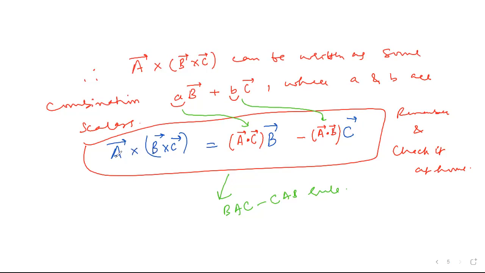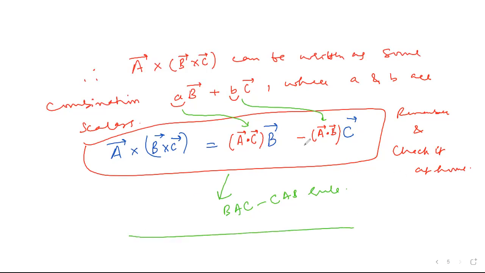Now see it in general terms. The value of this triple vector product is a linear combination of the two vectors which lie in the bracket, B and C, right? And the coefficient of each vector is the dot product of the other two. See, the coefficient of B is the dot product of the other two, that's A and C, and the coefficient of C is the dot product of the other two, that is A and B. And of course, here you have minus.